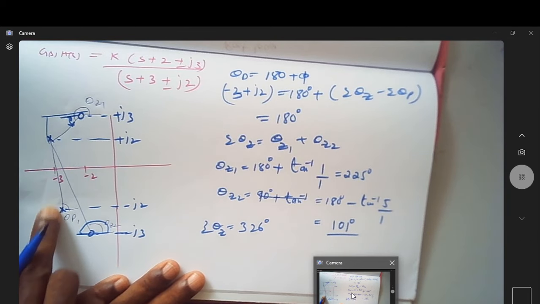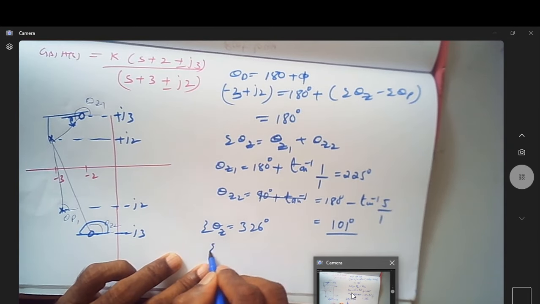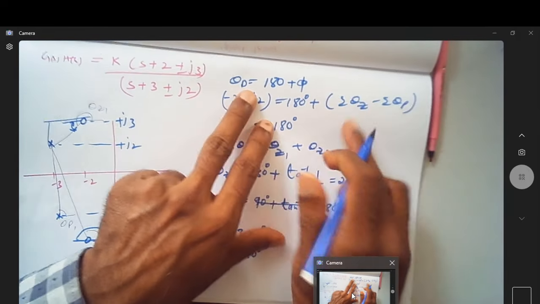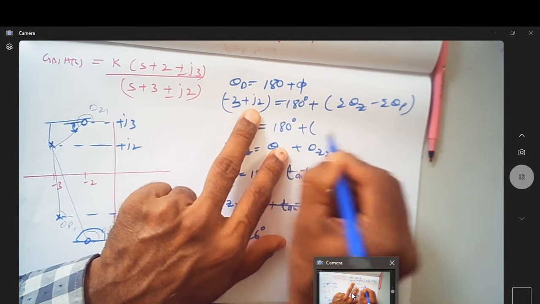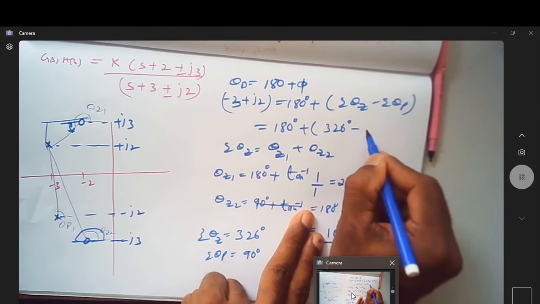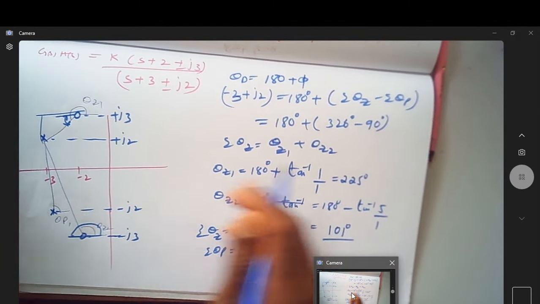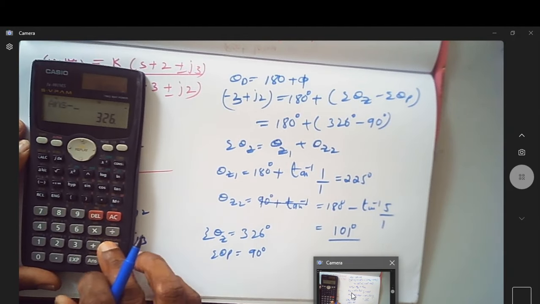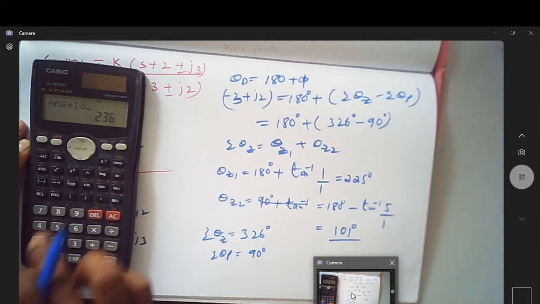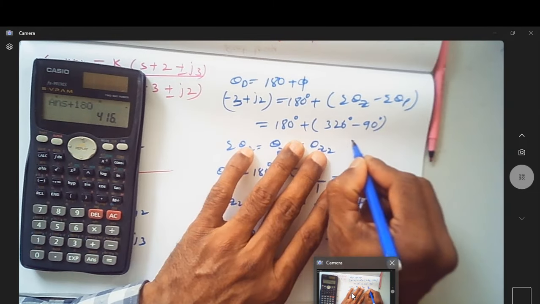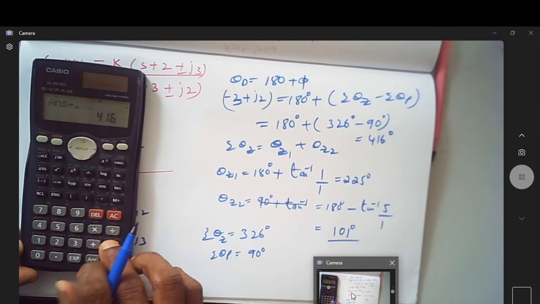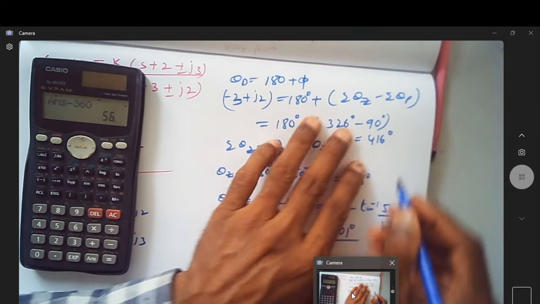But you can see theta p1 is actually 90 degree, so summation theta p is 90 degree. Substituting, this is 326 degree minus 90 degree plus 180, which is 416 degree, and minus 360 is 56 degree.